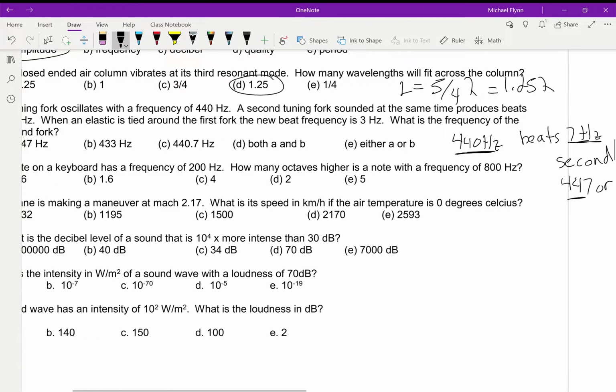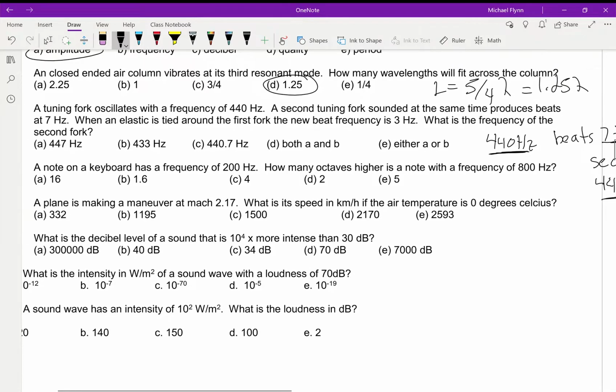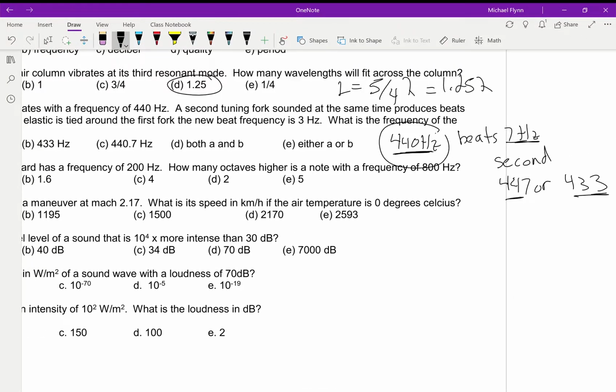Now, what happens is you tie an elastic band around this guy. That's going to lower its frequency. So it's going to go from 440 to some lower number. In fact, we know what the number is. It's going to go 4 hertz lower. And now it's going to be a beat frequency of only 3 hertz.